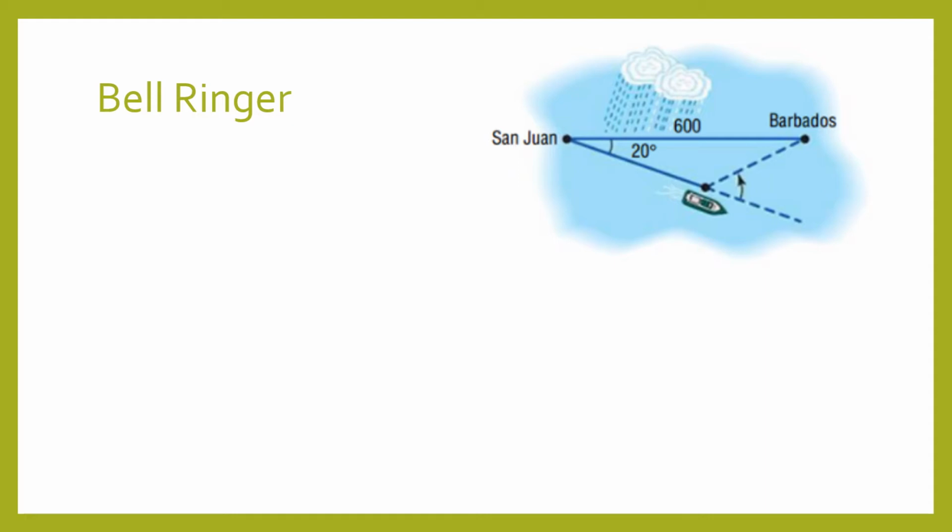So what I'm going to do is draw my own version of this diagram, because that's what I would do if I were working it on paper. So here we have San Juan, and here we have Barbados. I'm going to draw a segment there.